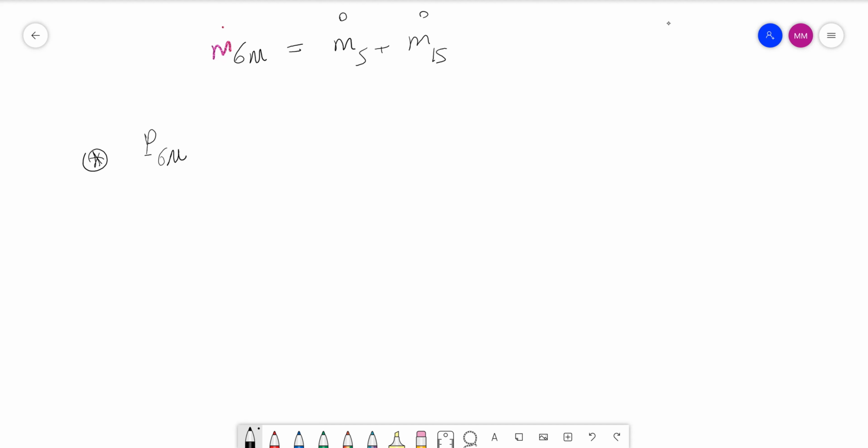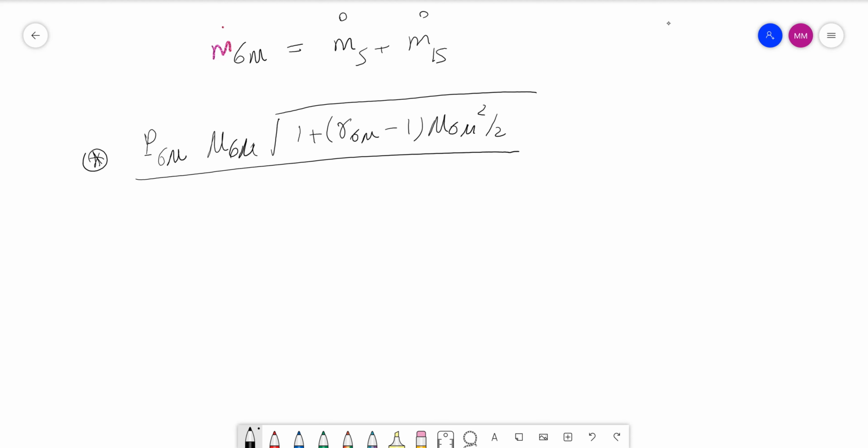But essentially it's going to be P of 6m, M of 6m multiplied by (1 plus (gamma of 6m minus 1) M6m squared divided by 2), that's under the square root symbol, and we have the square root of gamma 6m R 6m tau T of 6m multiplied by (1 plus A15 over A5).